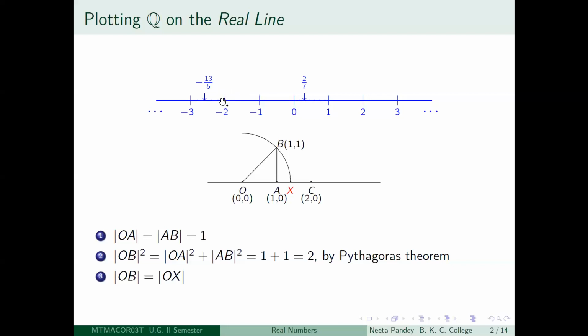So you have to partition three parts from -2 and look at the point which is describing the end of that three parts. That point will correspond to minus 13 by 5. So in this fashion, theoretically at least, you can plot all the rational numbers on the straight line. This straight line is called a real line for a certain reason, which will become clear as we go on.